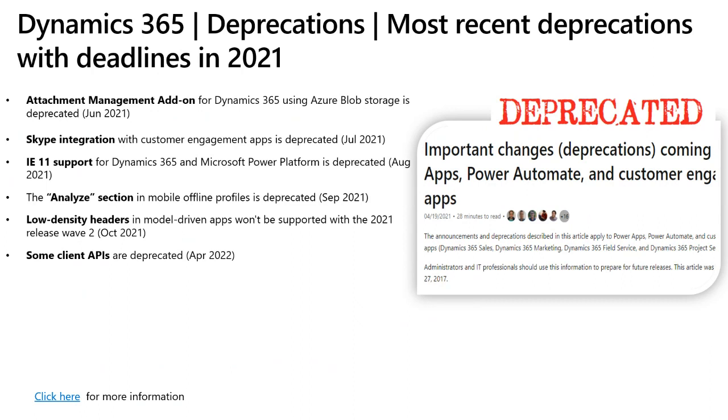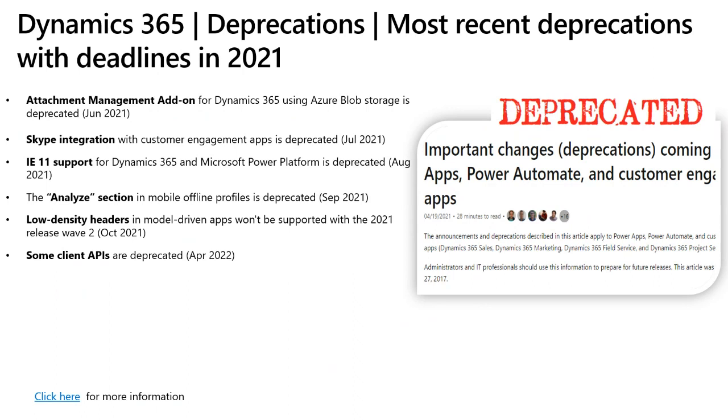So the analyze section of mobile offline is deprecated. So if you're using mobile offline, take a look at that. That analyze report is used to identify components that aren't available when you're working in offline mode. But that particular section is now deprecated.